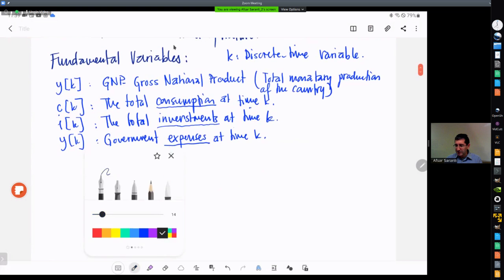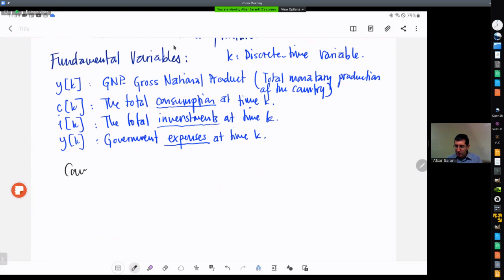So let us take a look at what we have as a fundamental conservation law. Remember our conservation law: inflow minus outflow is equal to accumulation. We have to see how we can apply this to this economic model.